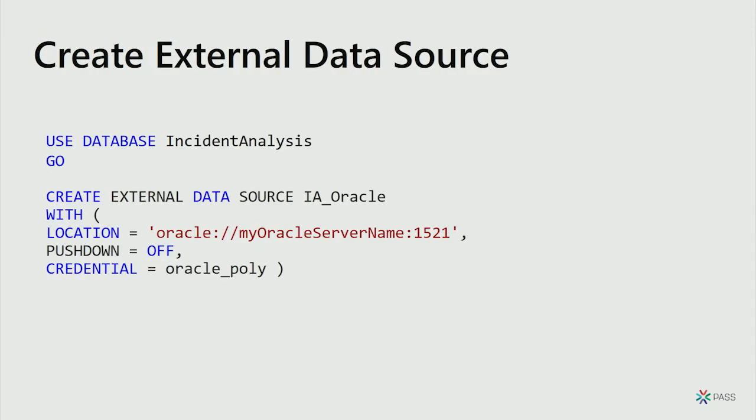So then once you've created those credentials, now you create the external data source. This has your location, which is basically your connection string to Oracle. And again, in this example, there's a concept of push down. Push down, off or on, is basically where do you want this query to run. You can push it down to the disparate data source.